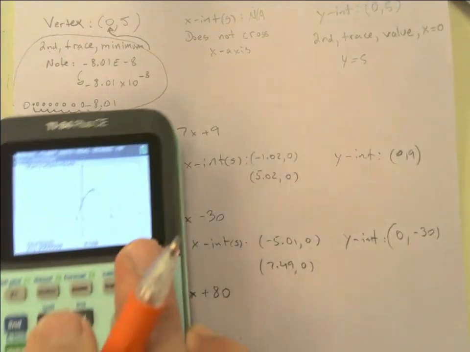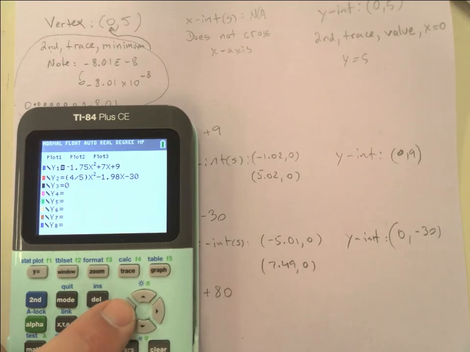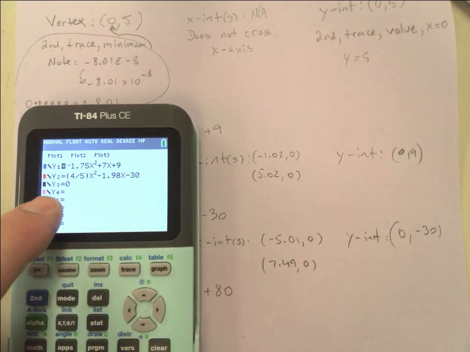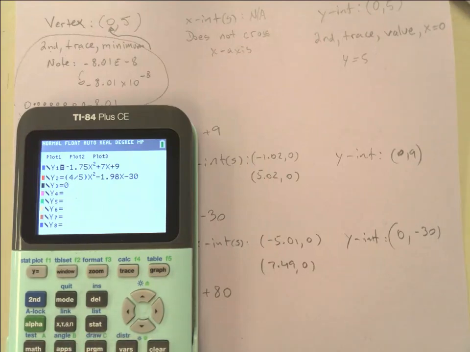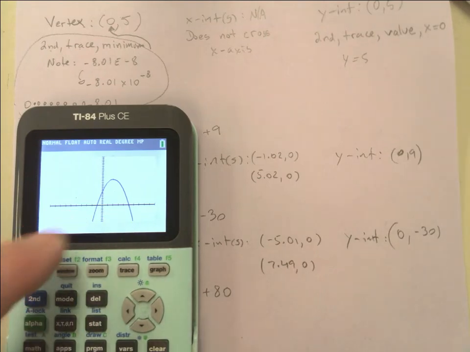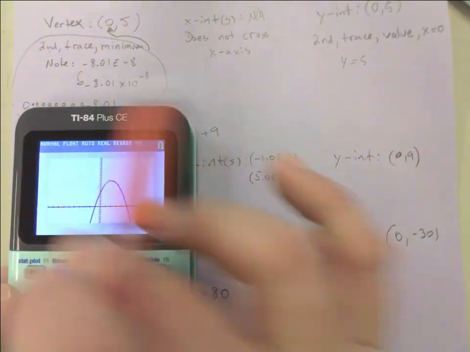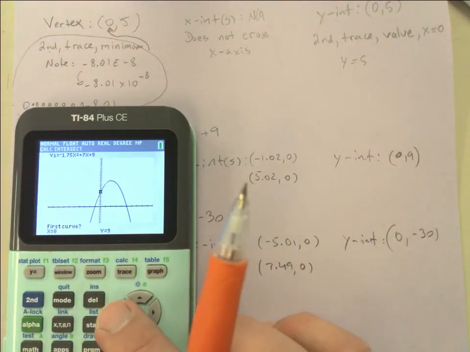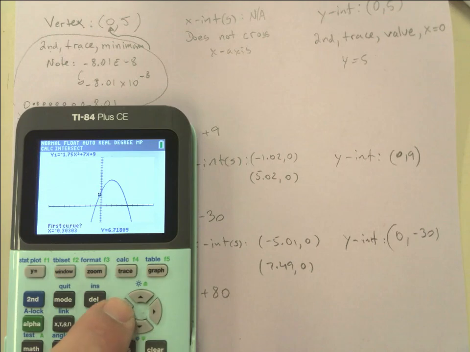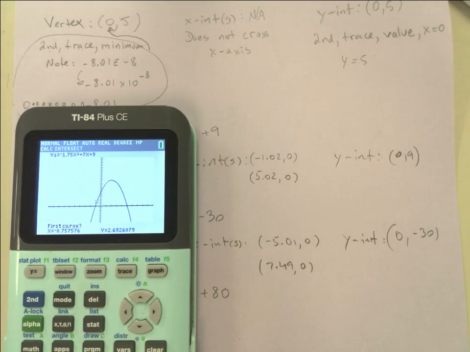For the x-intercepts, I'm doing this trick where I let another line be 0, okay? So it's a little weird because this is black. It's hard to see the difference, but there are 2 lines, right? You're finding the intersection between the 2 lines. Second trace 5. By the way, guys, when you do second trace 5, just go close to the intersection you're trying to find, and then it's enter 3 times.